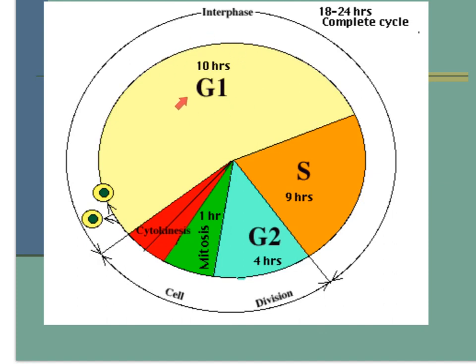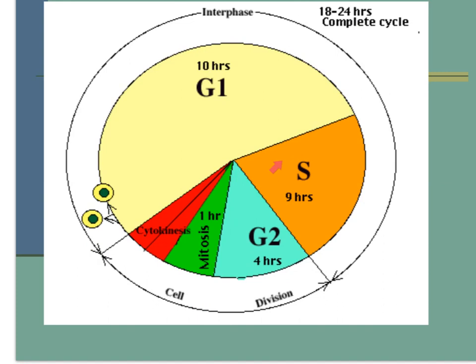The G1, which would last about 10 hours out of a 24-hour period. The S phase, which would last 9 hours out of a 24-hour period. And the G2 phase, which would last about 4 hours in a 24-hour period. The G1 phase stands for first growth, and here we have the offspring cells growing to mature size.